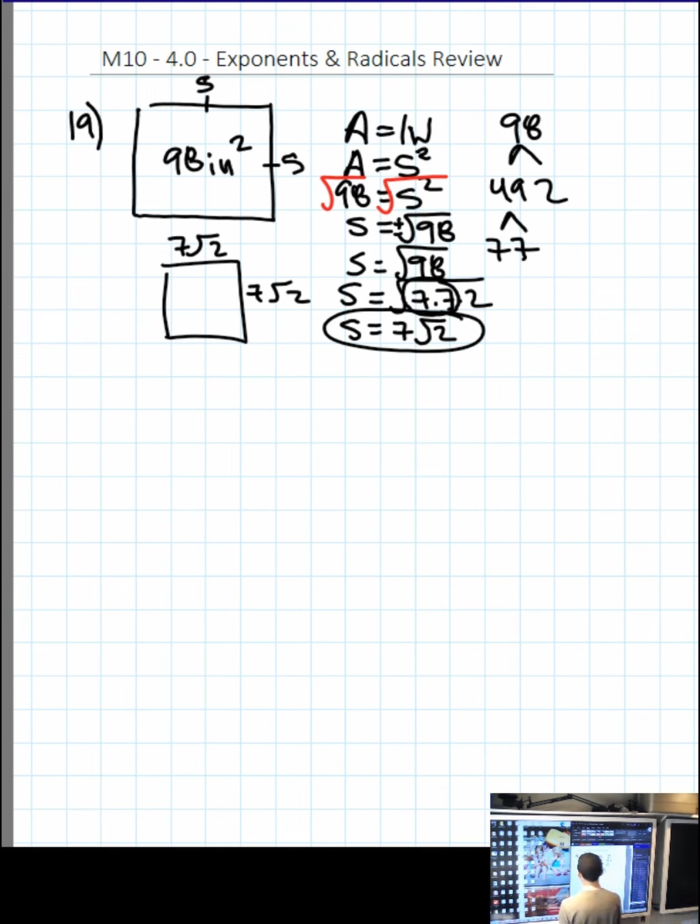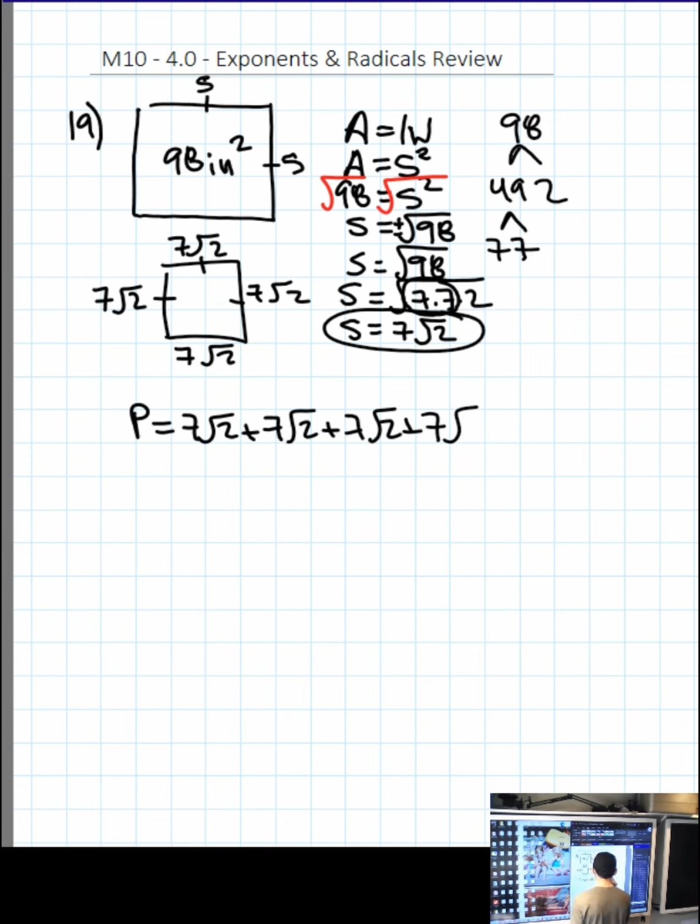Now we want to find the perimeter. So P equals, we have to add up all the sides. So if it's a square, all the side lengths are the same. They're all 7 root 2. Now I could do 7 root 2 times 4, but I'm just going to do 7 root 2 plus 7 root 2 plus 7 root 2 plus 7 root 2.